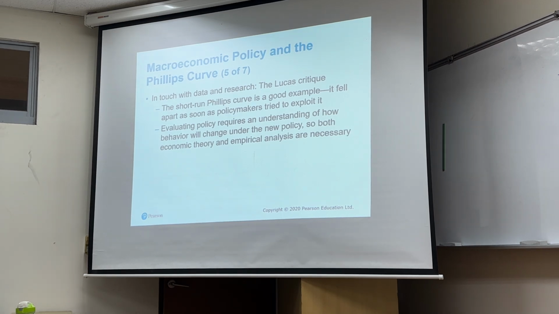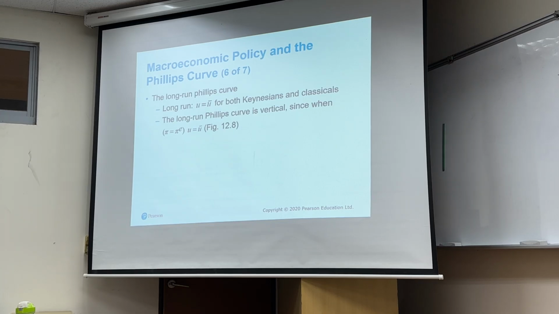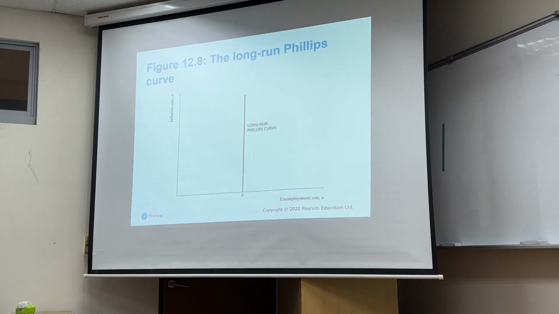Because of that, you have to get a new model, a new perspective on all these things. Okay, so the long run Phillips curve. Finally, we got to this. In the long run, it is a vertical line. Okay, so it means that between inflation and unemployment, there's no relationship.